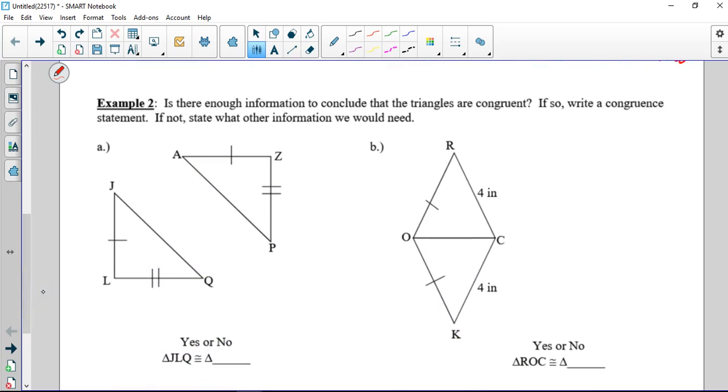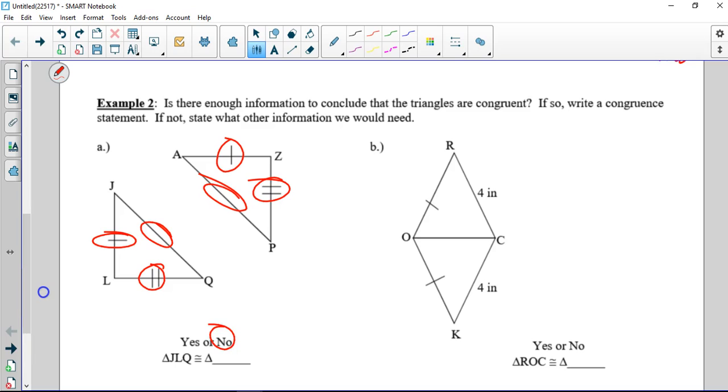Example 2. Is there enough information to conclude the angles are congruent? Those are the same. These are the same. These are not marked. And right now, based on the information we know at this point in the class, we cannot assume those to be equal.